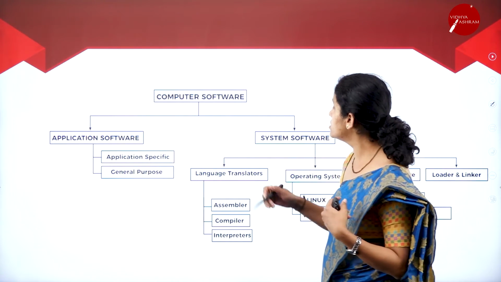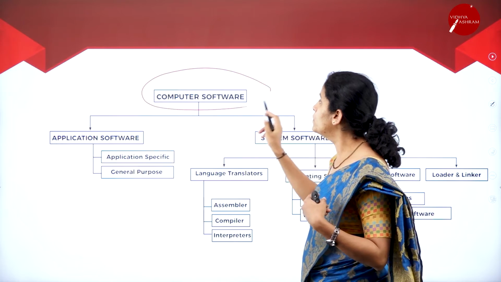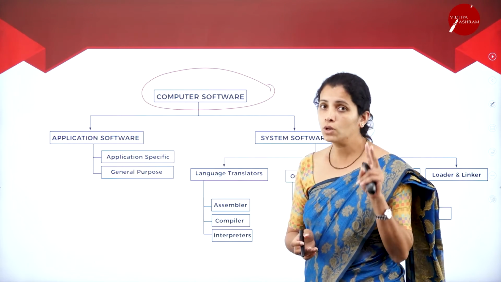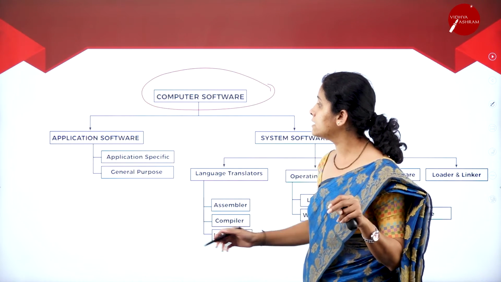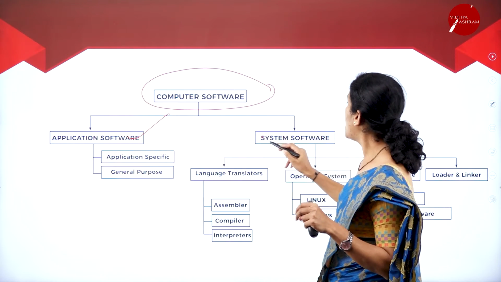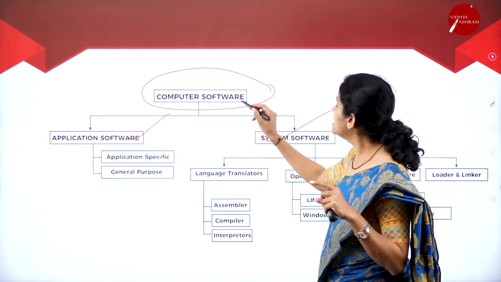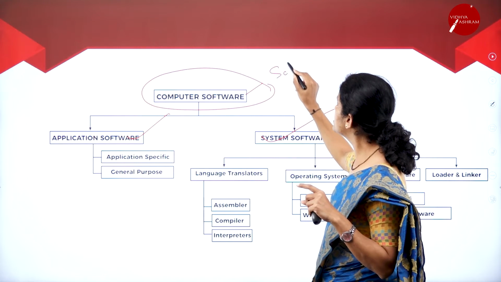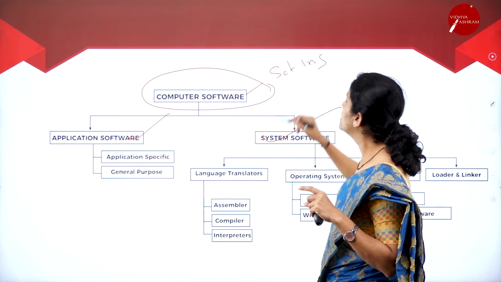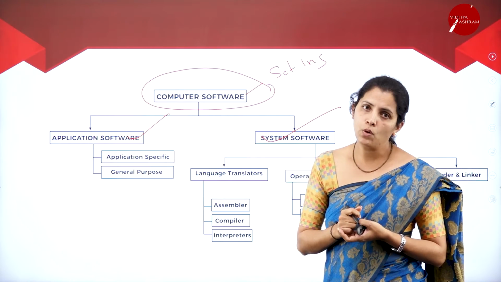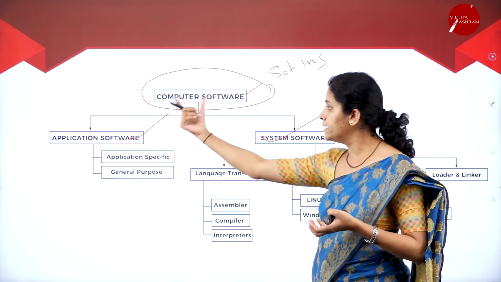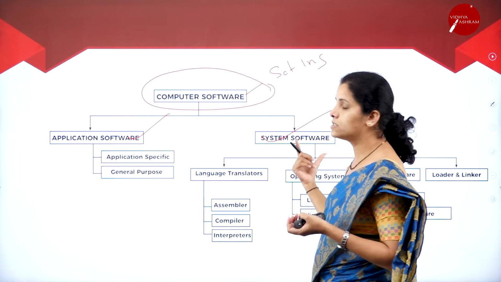In my previous session, I started with computer software. There are two types of computer software, that is application software and system software. So what is software here? That is nothing but a set of instructions or a computer program, and it is classified into application and system software.